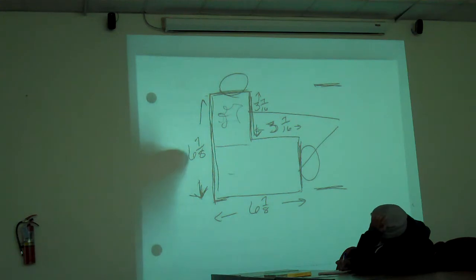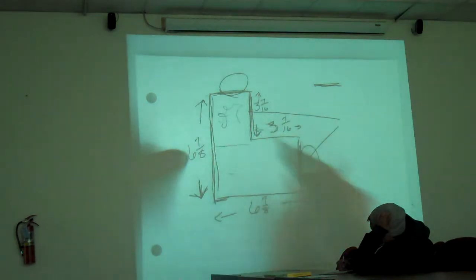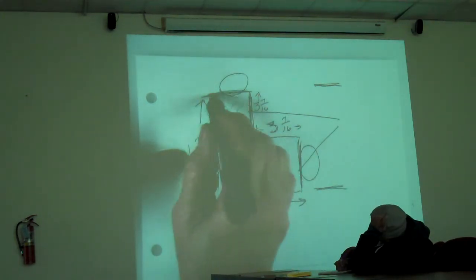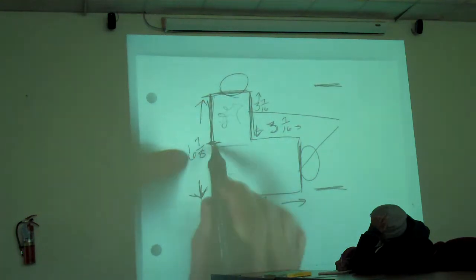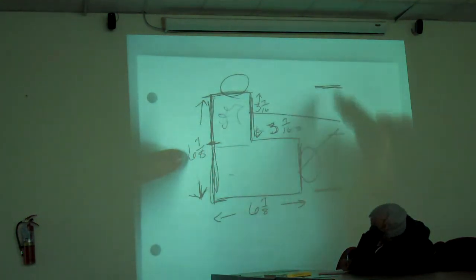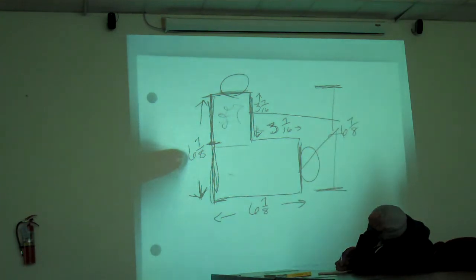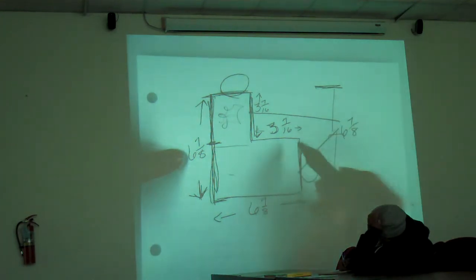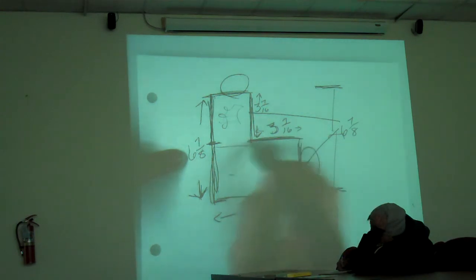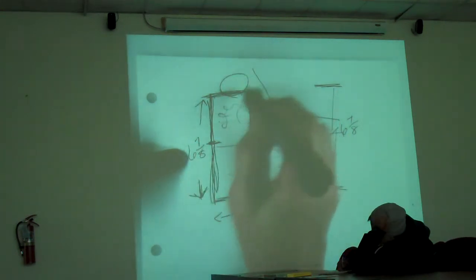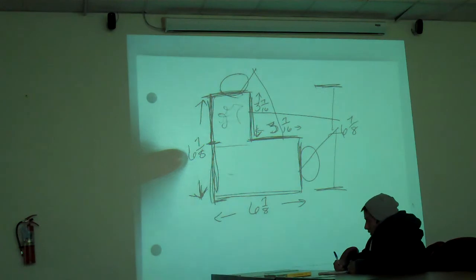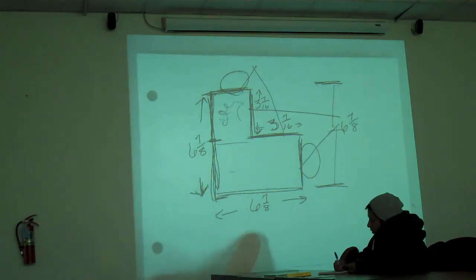The same as over here, right? From here, this section plus this section is going to be from here to here. So it's 6 and 7/8. Same with the top. For this part and this part added will be 6 and 7/8 also, right?